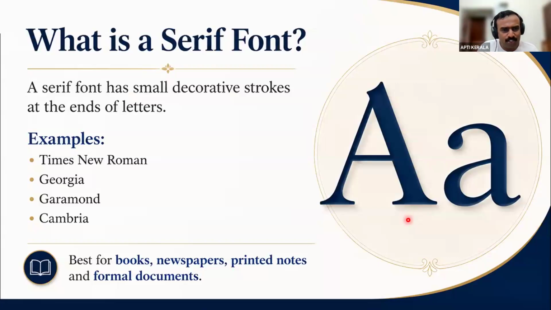These tiny feet were originally designed to help guide the human eye across a flat page. That means this type of font remains the absolute best choice for printed books like textbooks, newspapers, printed classroom notes, and formal paper documents. So it is better not to use serif fonts in a presentation.